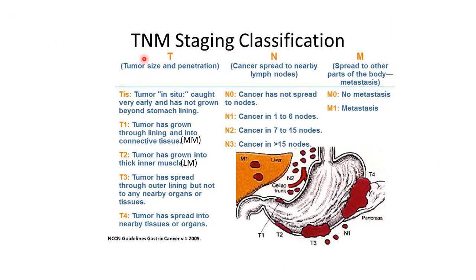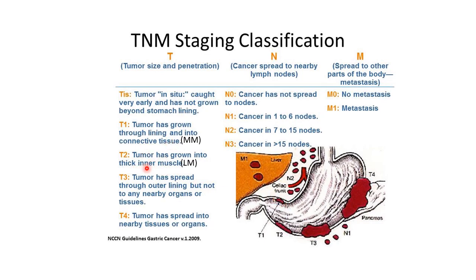Next, we come to the TNM classification. The T status represents the tumor size and penetration. It can be tumor in situ, Tis, T1, T2, T3, and T4, as all shown in this picture here. T1, when it involves the lining, the mucosa of the stomach.